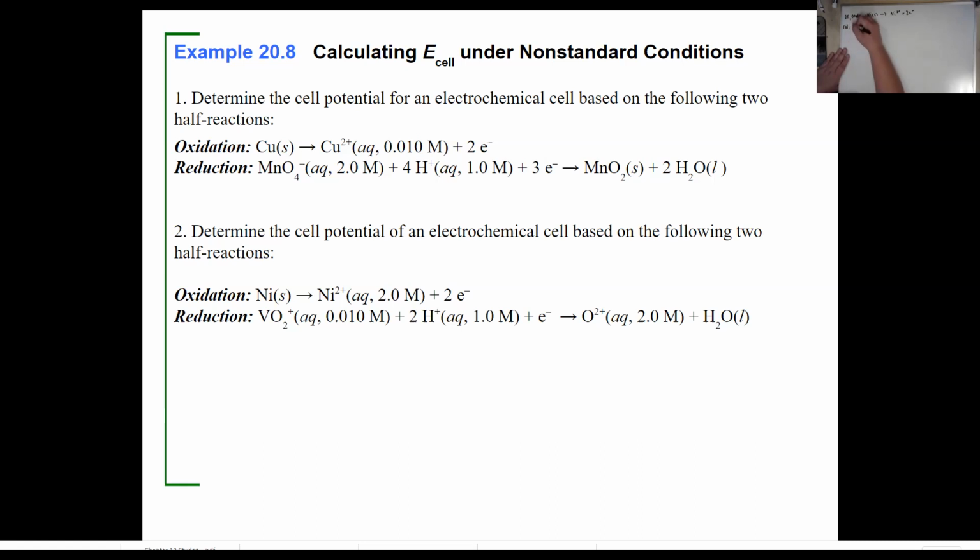And the reduction, which is going to be our cathode, is VO2 plus 1 plus 2H plus plus 1 electron goes to VO2+ plus H2O.